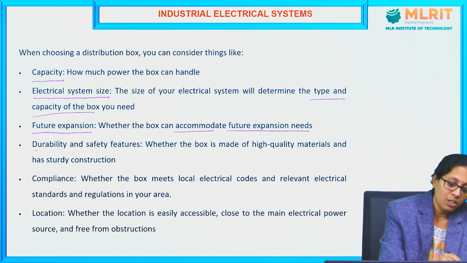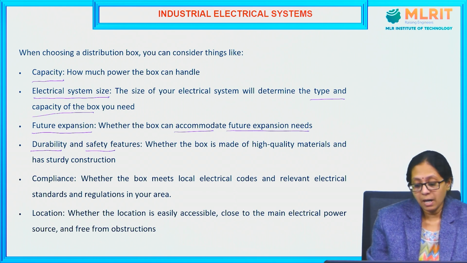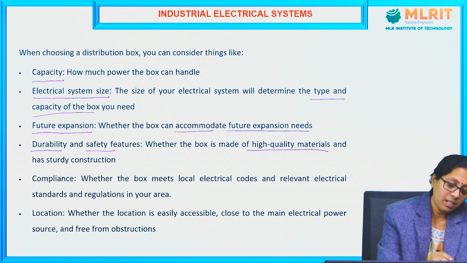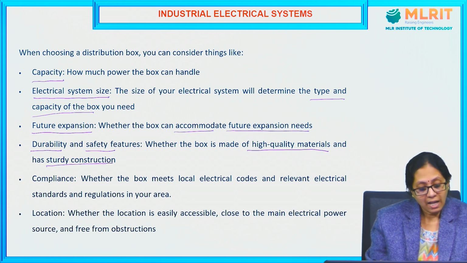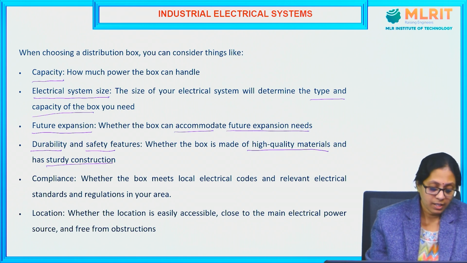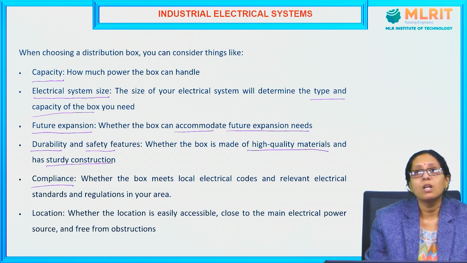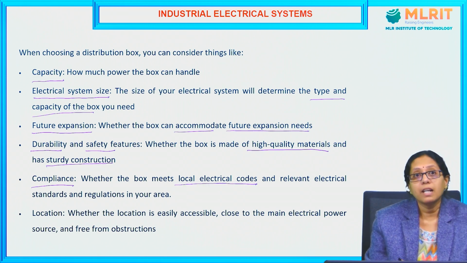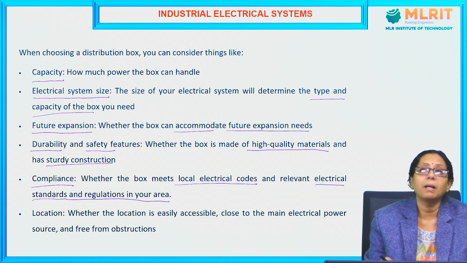Next one is durability and safety. Whether the box is made of high quality materials and has sturdy construction. It should be of high quality and can be maintained for years together. Next one is compliance. Whether the box meets local electrical codes and relevant electrical standards and regulations in that particular area.